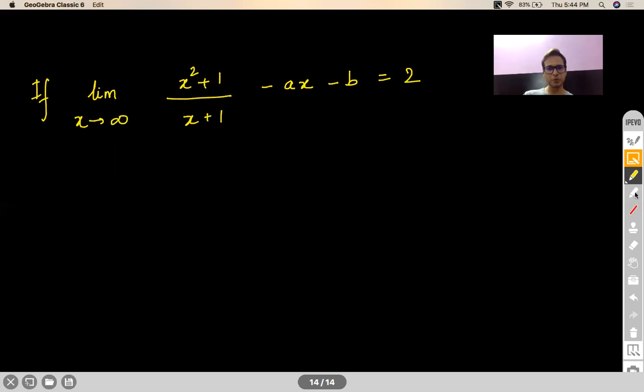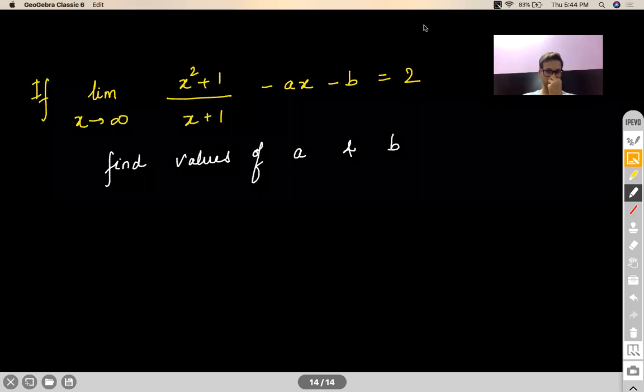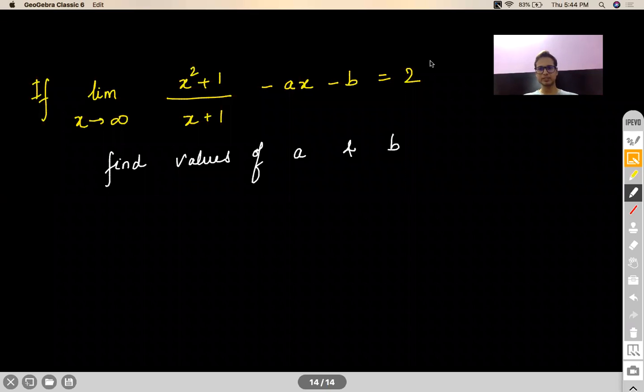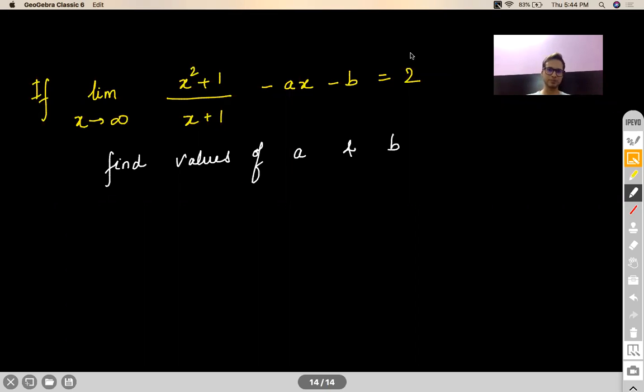Okay. Find the values of a and b. Think carefully and then answer. Okay. No need to be in a rush. This is a conceptual question.